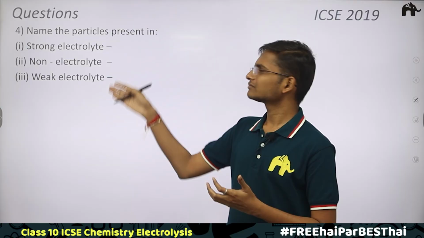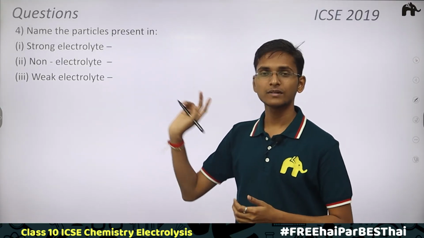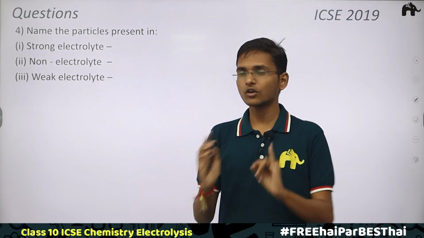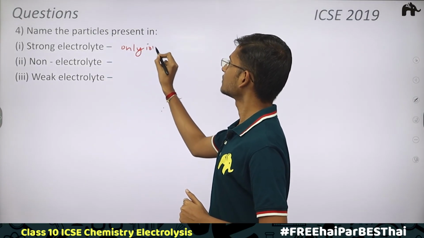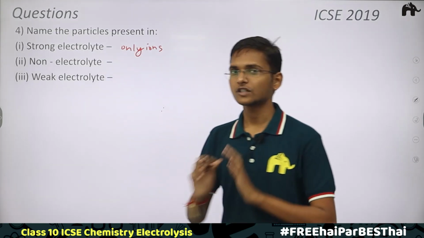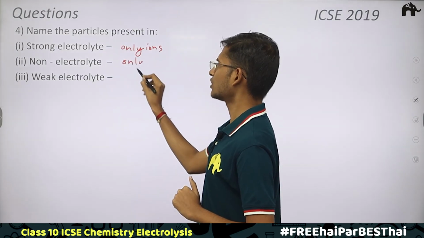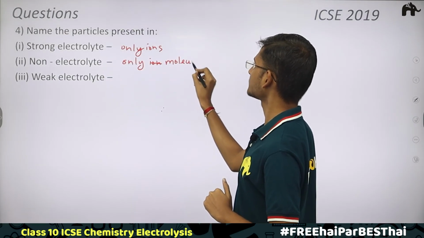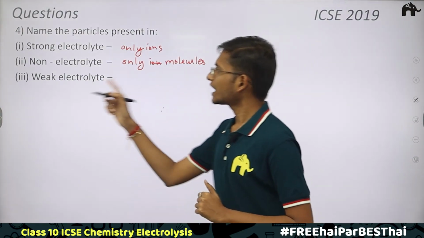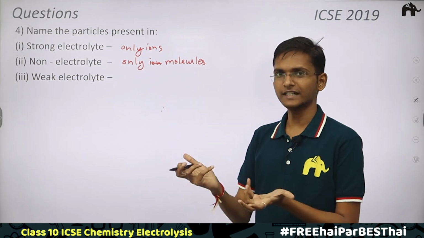But they haven't written it clearly, so we have to understand this. What are the particles present in them? In strong electrolytes, only ions. In non-electrolytes, only molecules. That's why they cannot conduct electricity, because there are no ions at all. And in weak electrolytes, both ions as well as molecules.